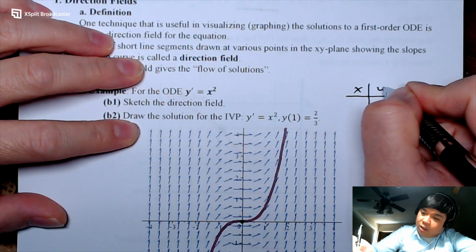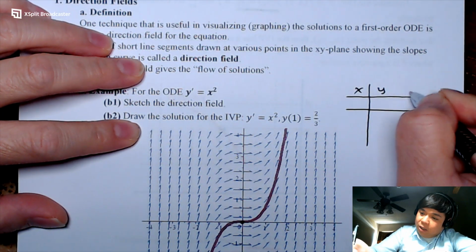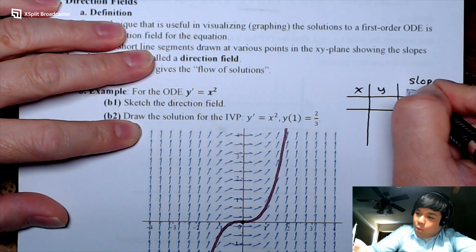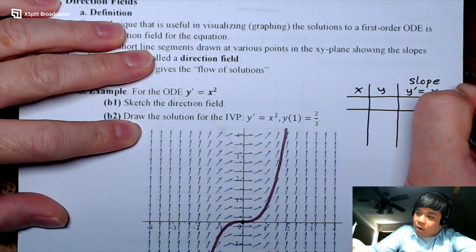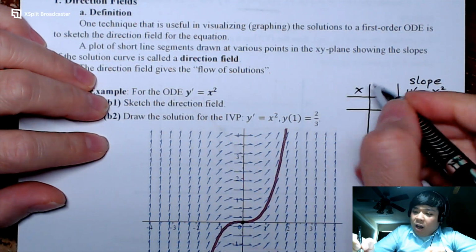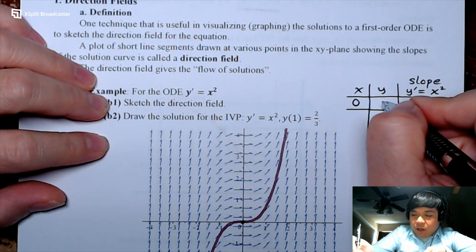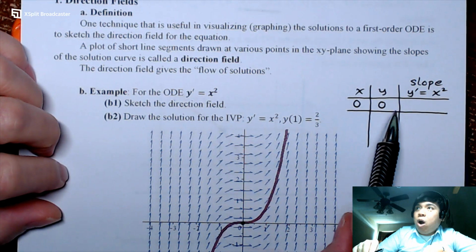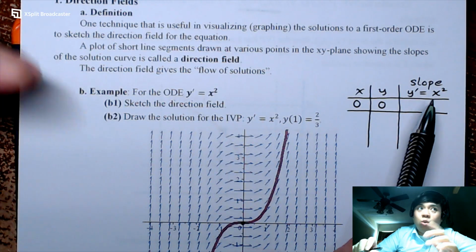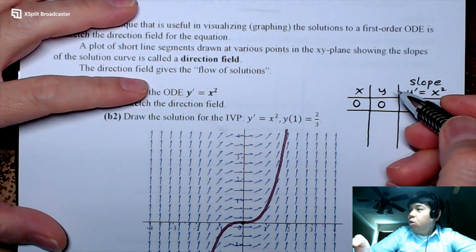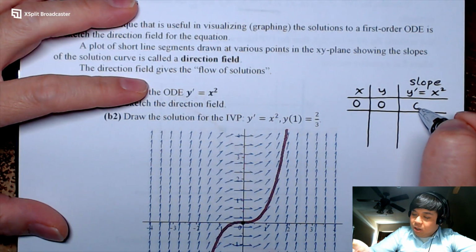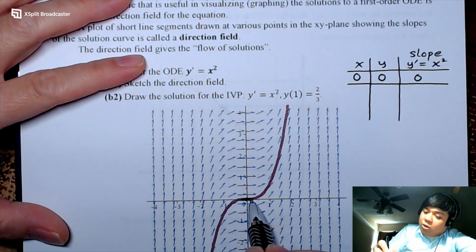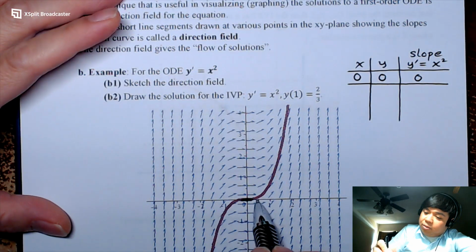For the point x, y, the slope y prime is equal to x squared. Now, if x equals 0, y prime is equal to 0 squared, which is just 0. So at the point 0, 0, the slope equals 0, so that is a horizontal line.